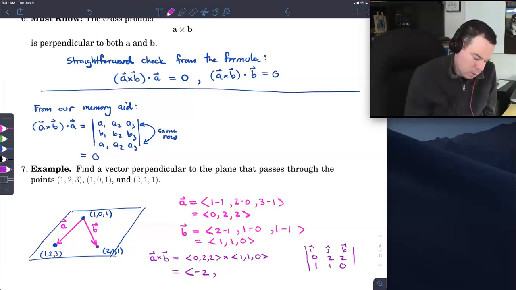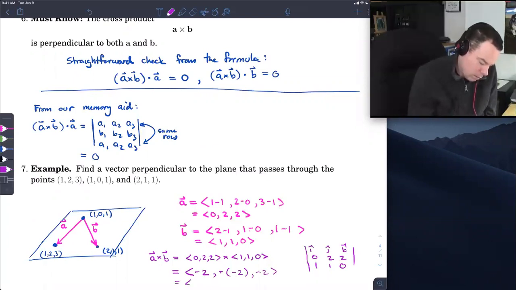Our second product is going to be, maybe I should say negative, 0 times 0 minus 1 times 2. So that's going to be negative, negative 2. And our last one is 0 times 1 minus 1 times 2.